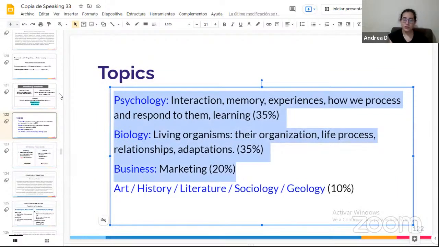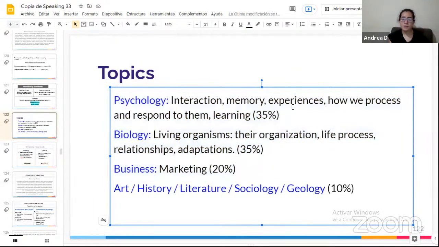Now, psychology, I would say, is the easiest one because of the vocabulary they use. It's usually on how our mind works, how our brain works, how we interact with each other, how we process experiences, memories, pain, emotions, how we learn, that kind of thing.